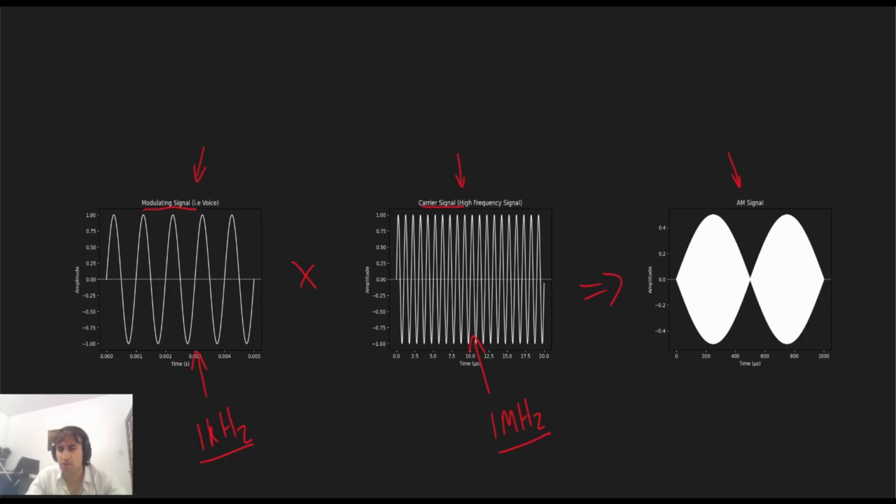Well, if you look at the envelope or the shape of the wave, you can see that this sine wave here is actually 1 kilohertz and identical to this modulating signal. So the shape of the outside of an AM signal, the envelope, is actually the modulating signal.